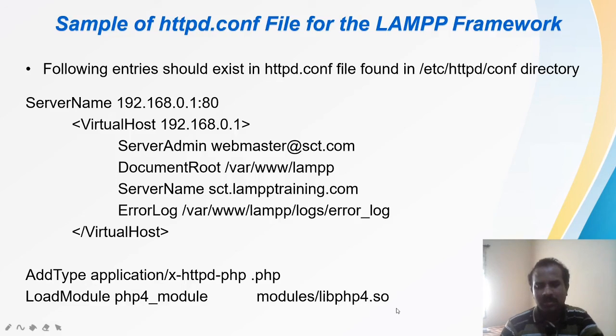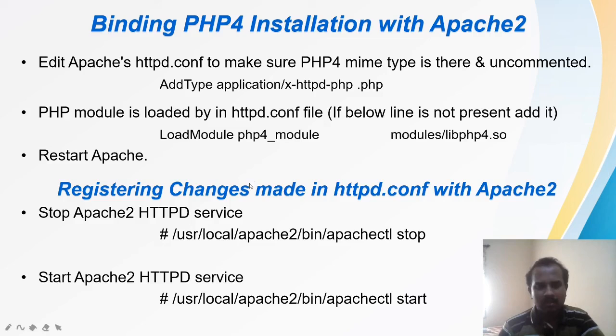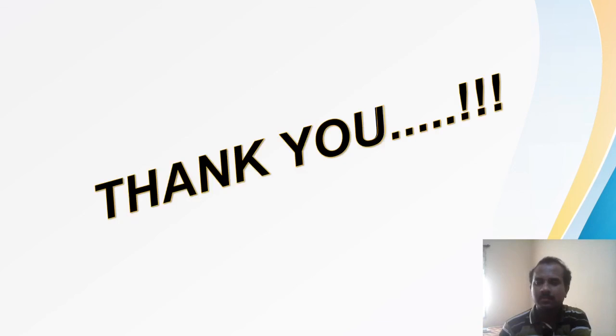So those two lines should be added. These two lines are present here, so AddType and LoadModule are the changes that you have to make in Apache 2. They will be present in the configuration file, but by chance if they are not present, you have to add them. Thank you.